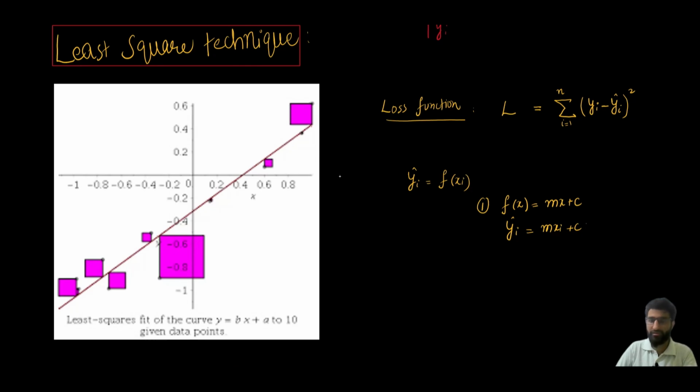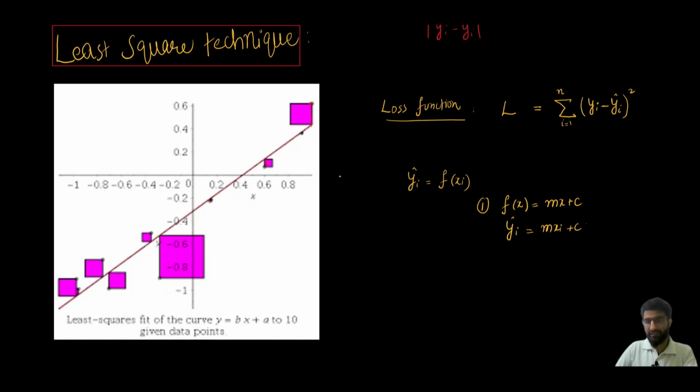Yi is my actual point, and I am trying to minimize its distance from my approximated value, which is the line which I denote with yi hat. So this is my point, and I am trying to minimize the distance from the line.